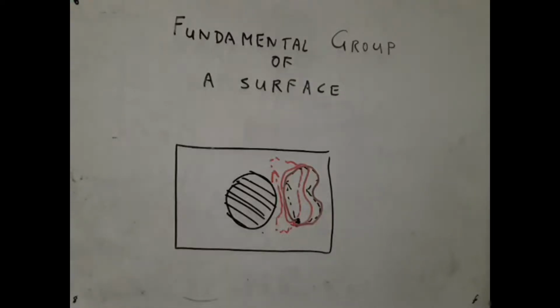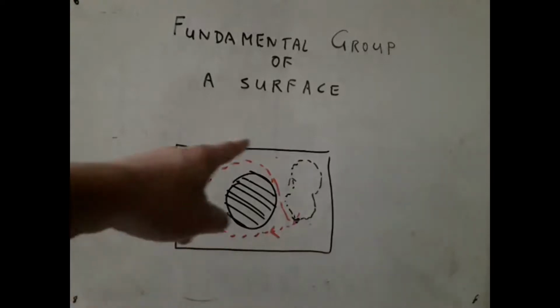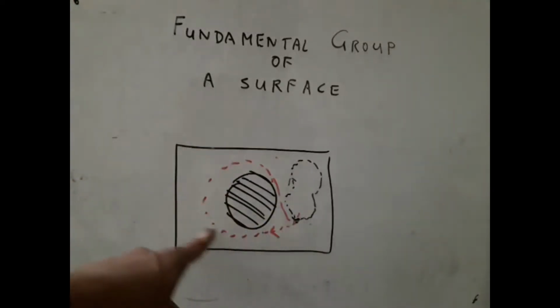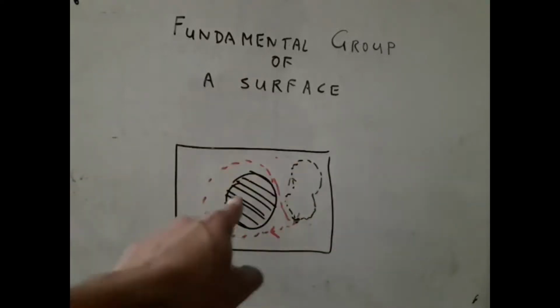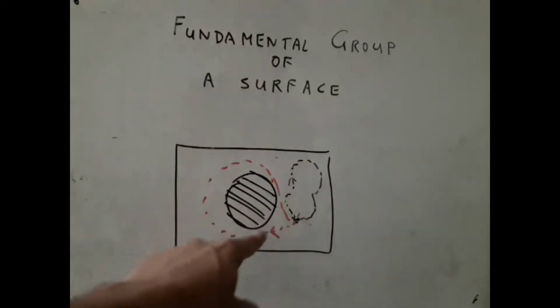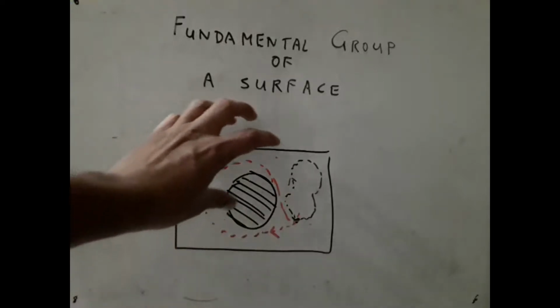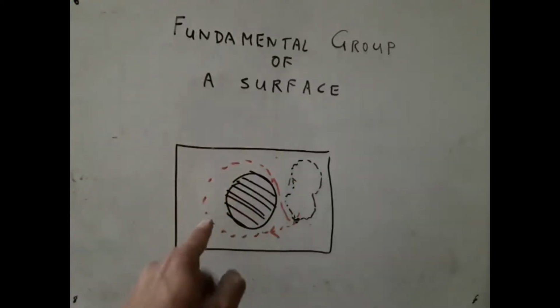However, if I take my original path in a somewhat different way, like this, then I cannot deform this red path continuously into this black path, because I am going round the hole. I can never move this thing past this hole without leaving the cardboard. My condition is I can never leave the cardboard when I deform one path into the other.